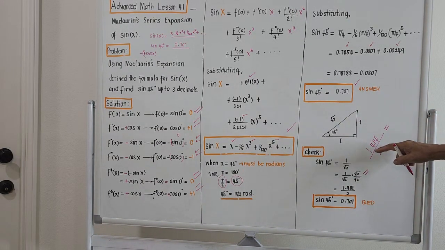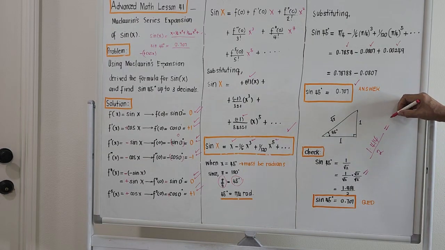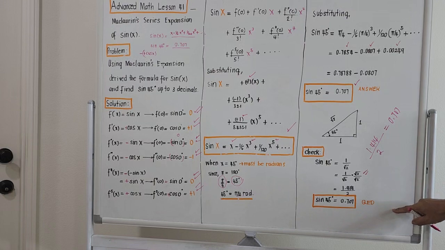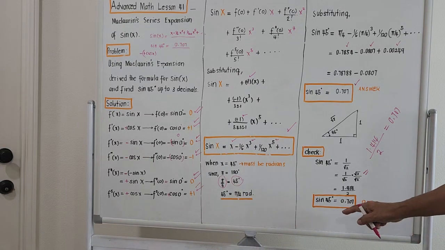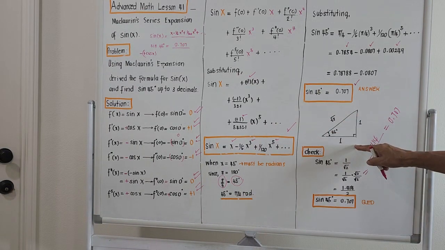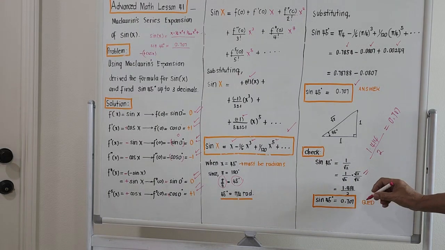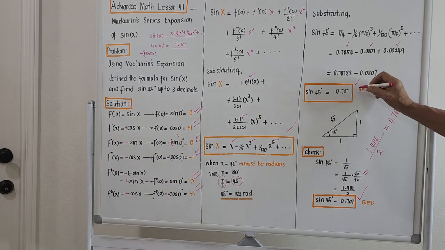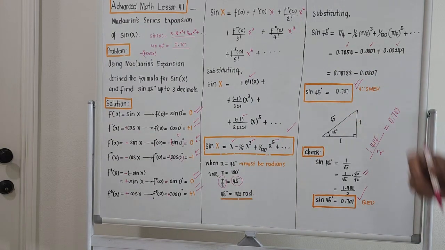And if we divide 1.414 by 2, the answer is actually 0.707. QED. Quod erat demonstrandum. It has been shown to be correct, right? Meaning, sine of 45 degrees, by using our knowledge of special angles, is 0.707. And this is the same as the solution by using the Maclaurin series expansion.